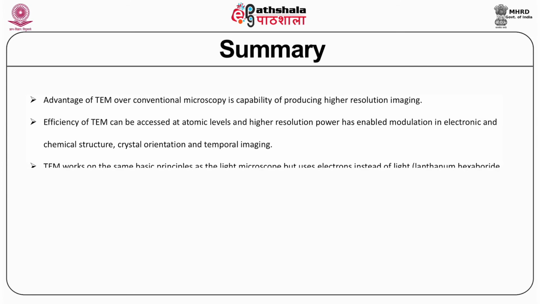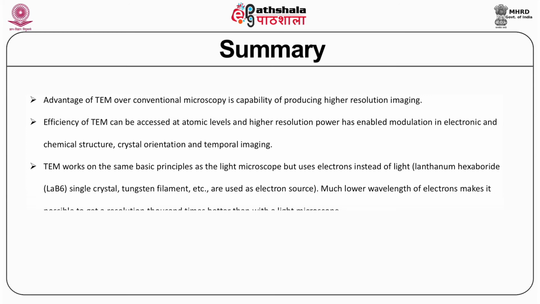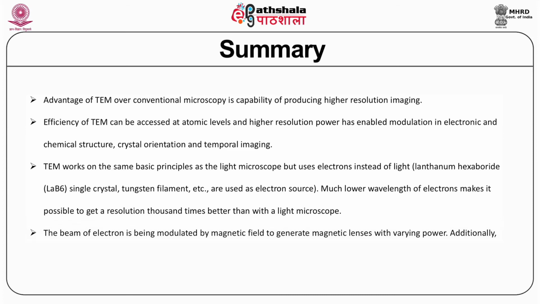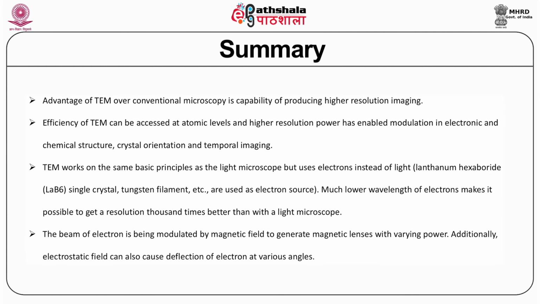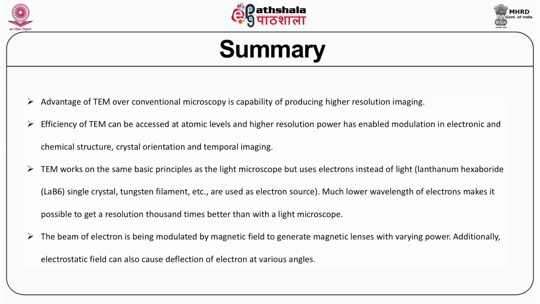You have seen so many photographs, and you will appreciate that it is much better, because it can give the chemical structures, crystal orientation, temporal imaging, everything. TEM also works on the basic principles of light, but it just uses electrons. Therefore, you can calculate the resolution and other things by using the same equations as you have done earlier.